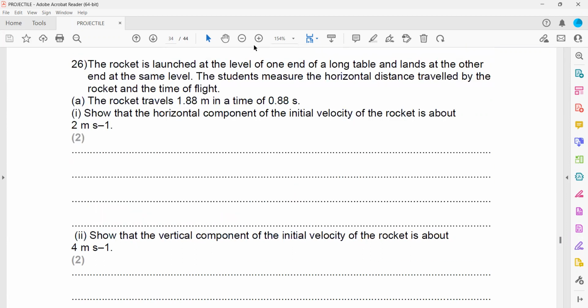A rocket is launched at the level of one end of a long table and lands on the other end at the same level. The student measures the horizontal distance and the time of flight. So basically a rocket is launched and it lands on the same level.